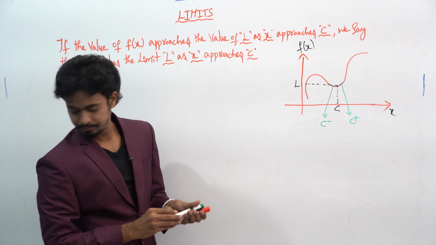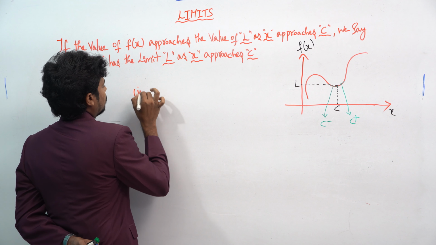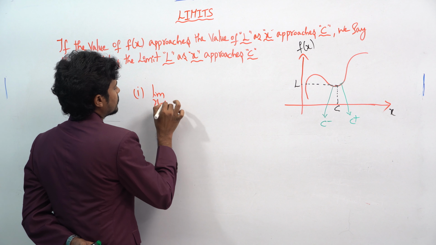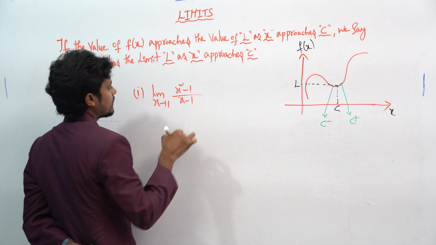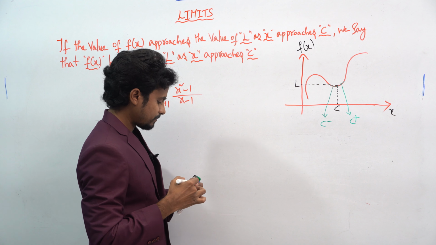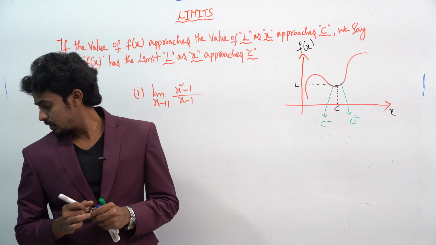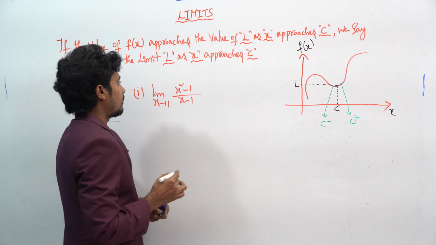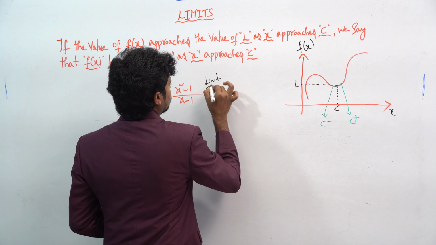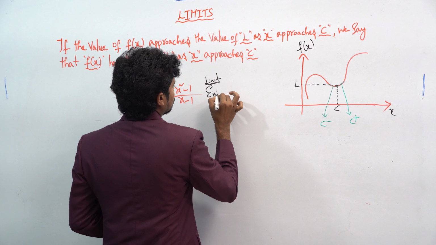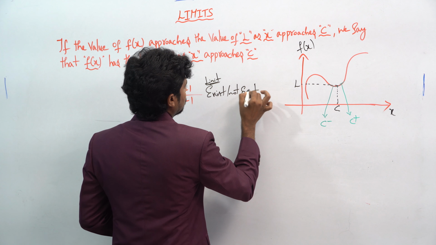First question: limit x tends to 1 of x square minus 1 divided by x minus 1. In this question, what they ask is whether the limit exists or not.